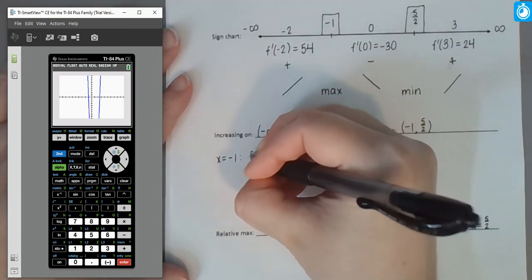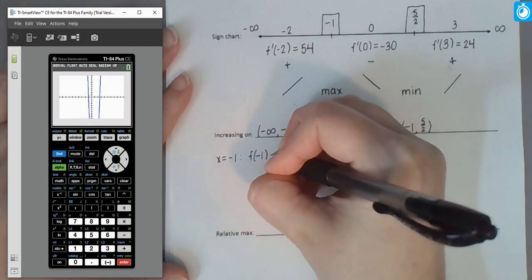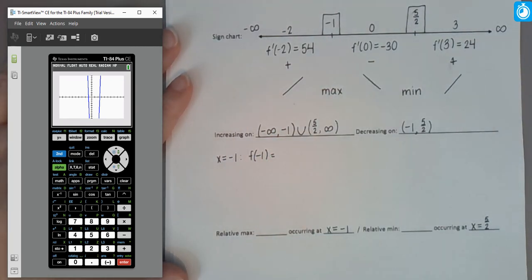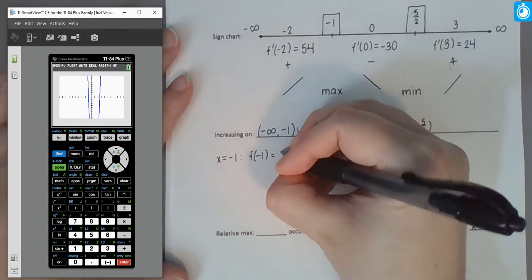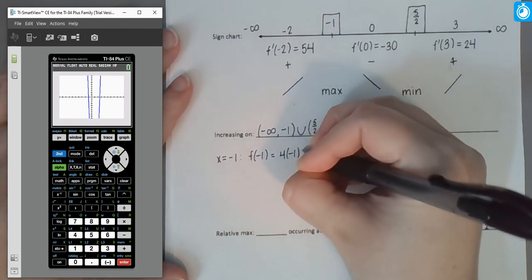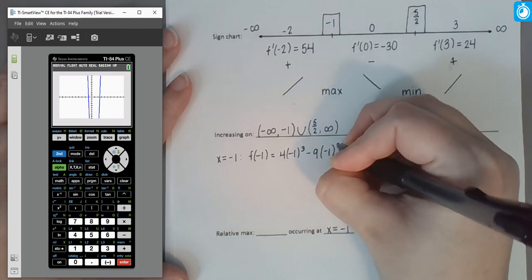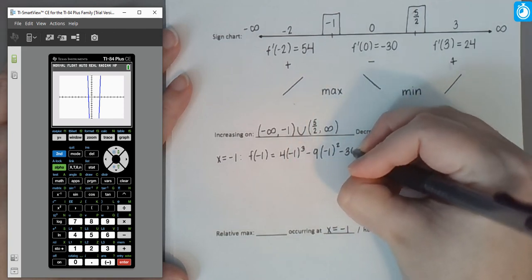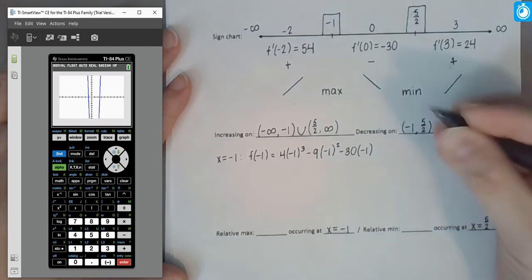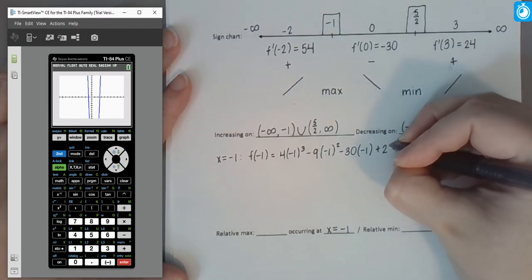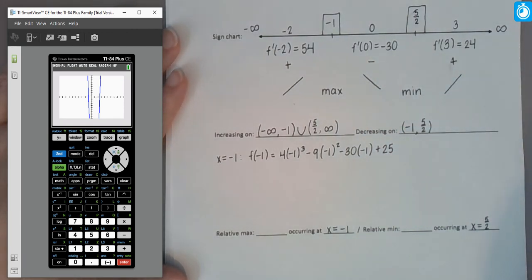So we're evaluating f of -1, which means we're taking this input and plugging it into our function. So 4 times -1 cubed minus 9 times -1 squared minus 30 times -1 plus 25.